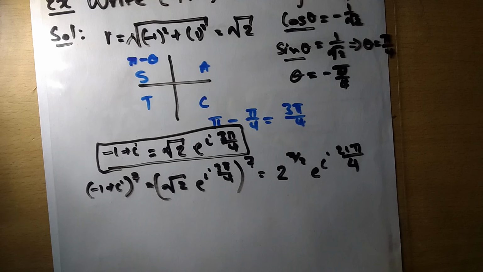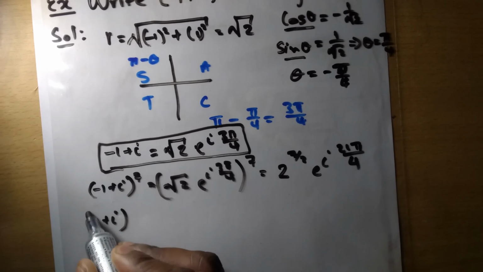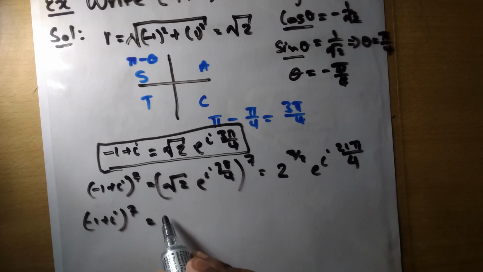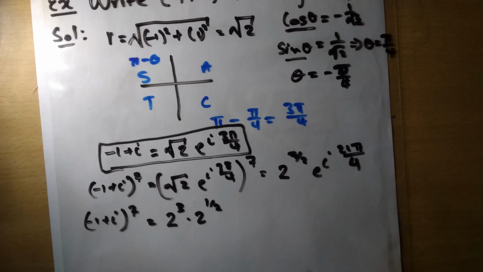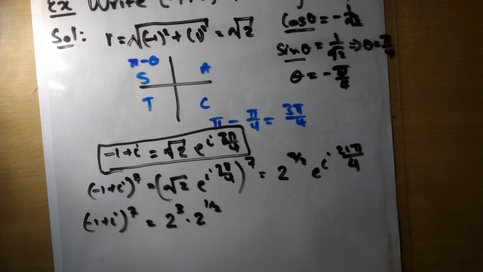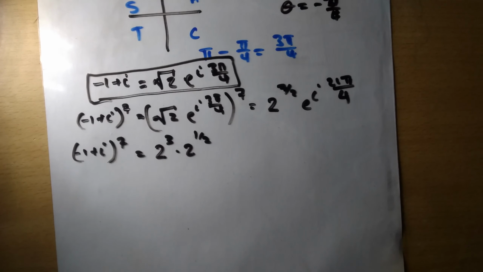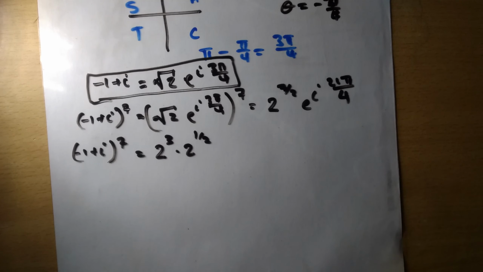Now what's going to happen is I'm going to have (-1 plus I) to the 7. Now for me to recreate that 7 over 2, I can write it as 2 to the 3 multiplied by 2 to the 1 over 2. Check that guys, please. Please check that, confirm whether I'm correct or not. Now the second part is the 21 pi over 4 part. Now I'm going to do the same thing, try to find what? Pi over 4.